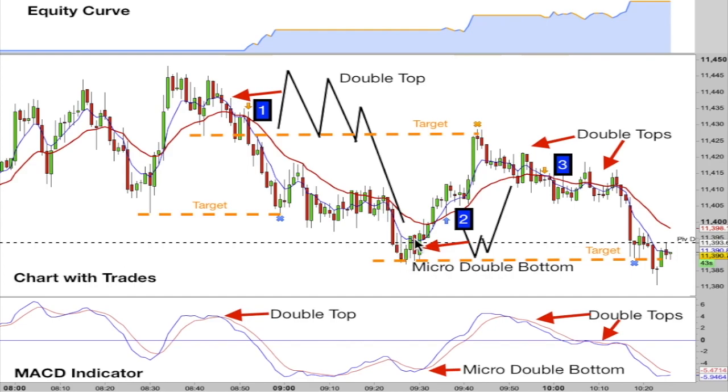Market came down, went up, two green bars, came down, failed to make a lower low, and then bounced upwards. So it came down, made a low, went up, formed the middle of the double bottom here, and this is a micro double bottom, very small bottom, just 4 or 5 bars in it.